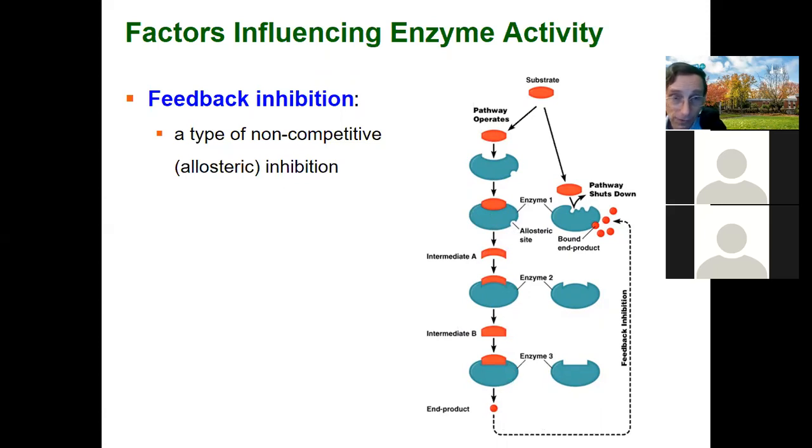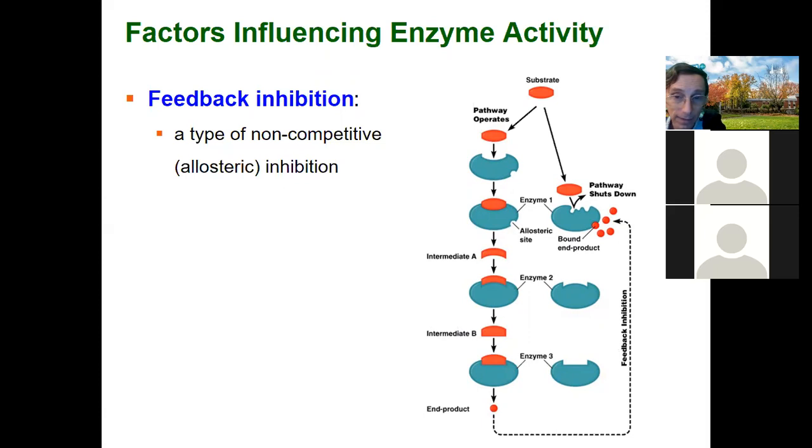Cells usually have feedback inhibition this way, where the end product, when there's enough of it in the cell, will bind to the first enzyme and then shut the first enzyme down, because if the cell were to shut down enzyme 2 or enzyme 3, it would be less energy efficient.